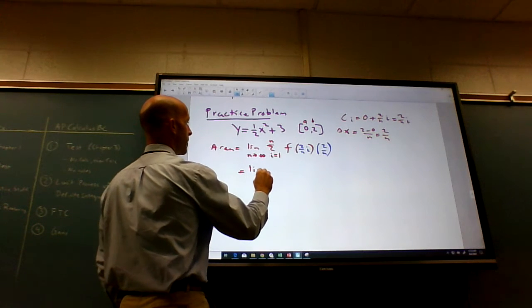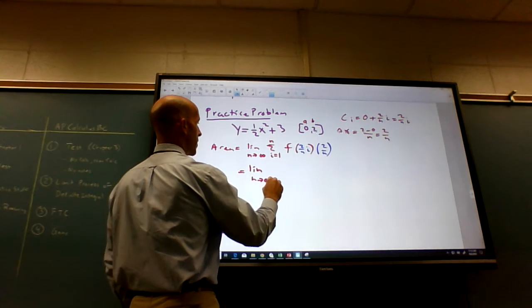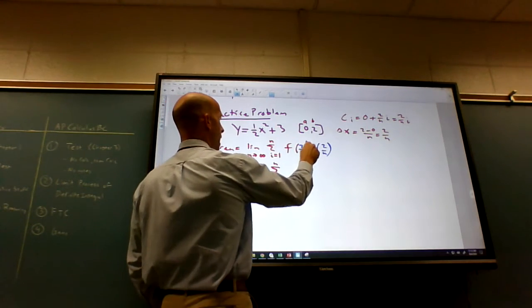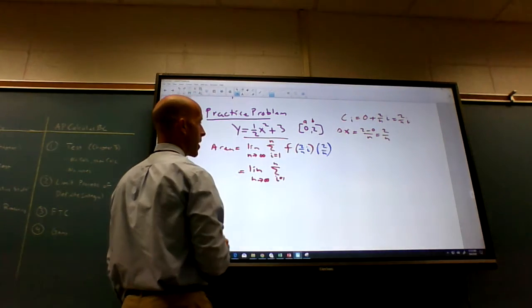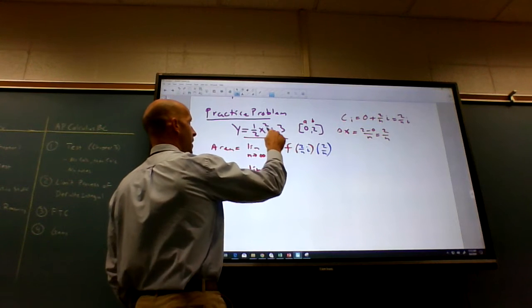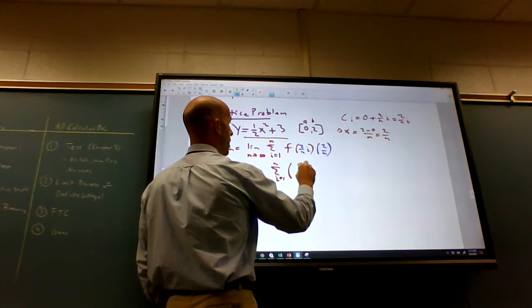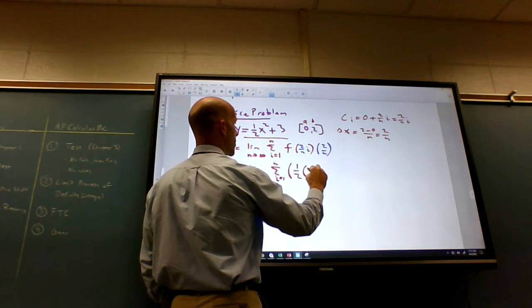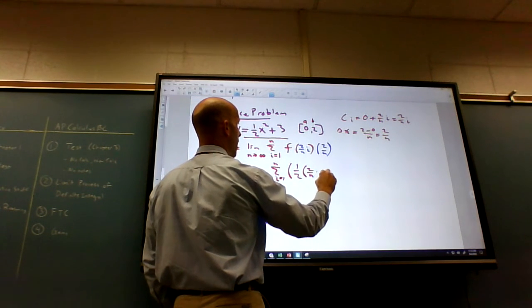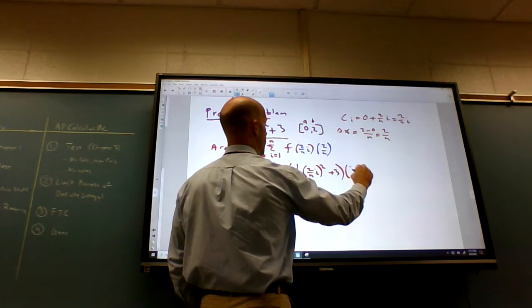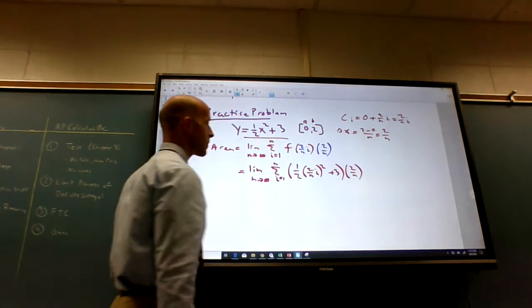We're going to do the limit as n goes to infinity, i equaling 1 to n. Now our function is given right here, but I've got to plug that c sub i in for our x. So this is going to be 1/2 times (2 over n times i) squared plus 3 times 2 over n.